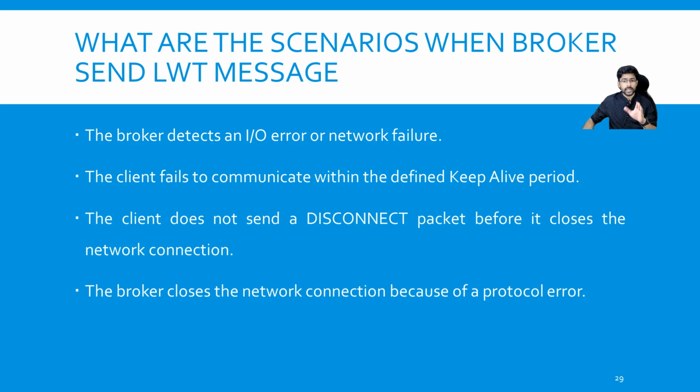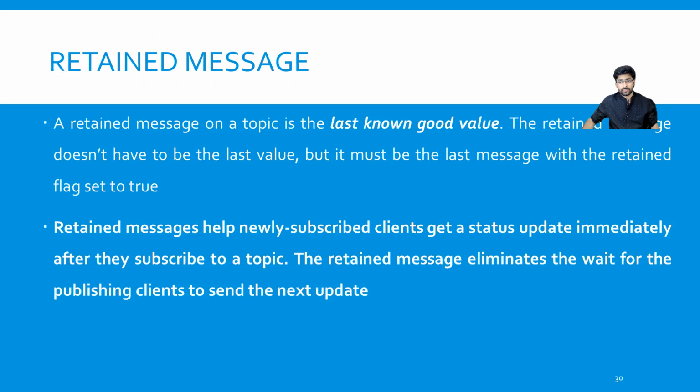Generally in a graceful disconnect, it sends a disconnect packet, right? These things I am going to show you practically, so you will get very familiar with this MQTT protocol. And also when the broker closes the network connection because of a protocol error. So in these cases, you are going to get the will payload that you have set up in your programs or within your Linux utility. So it is very helpful in debugging whenever you are not sure which device stops sending the data. So you can use this feature.